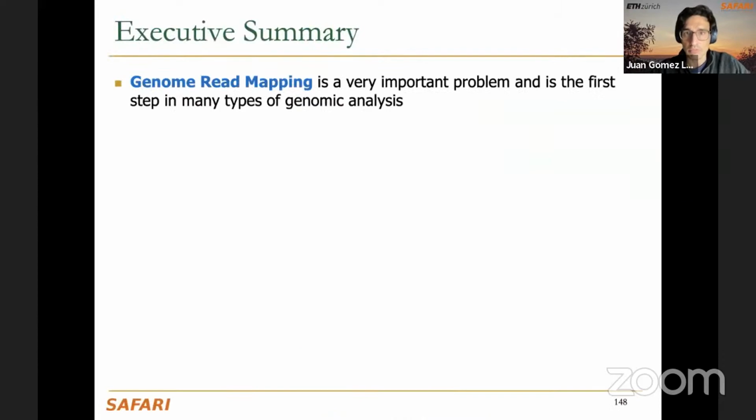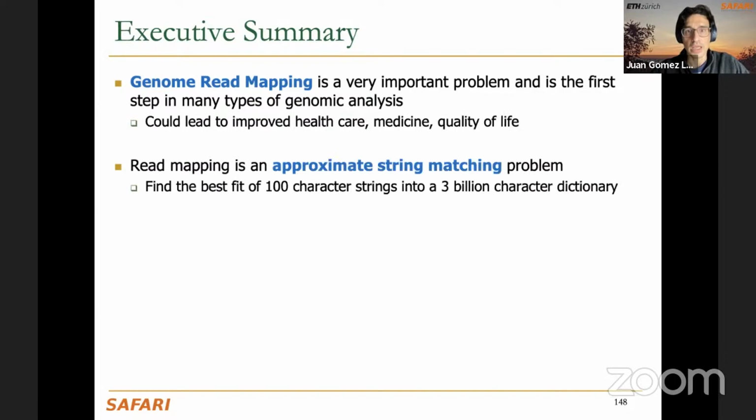In this particular case, GRIM-Filter works with one of the stages of the genomics pipeline, which is the filtering step. The idea is to accelerate this filtering step and accelerate the read mapping operation, that is the approximate string matching problem. And this string matching problem is very expensive.